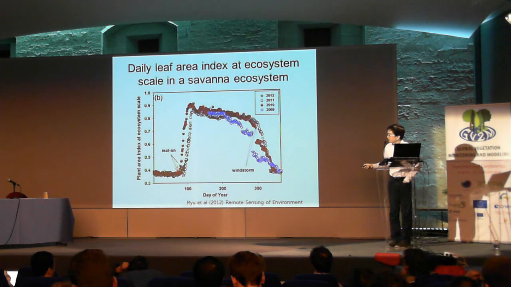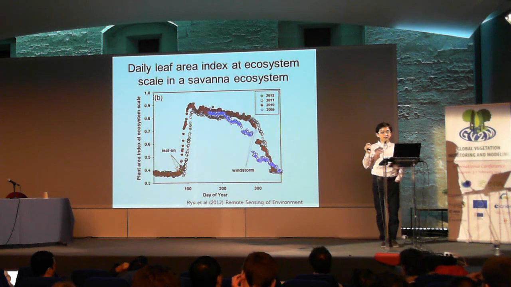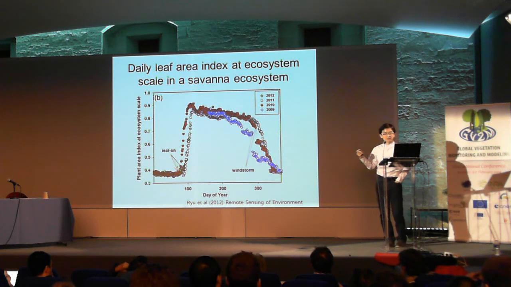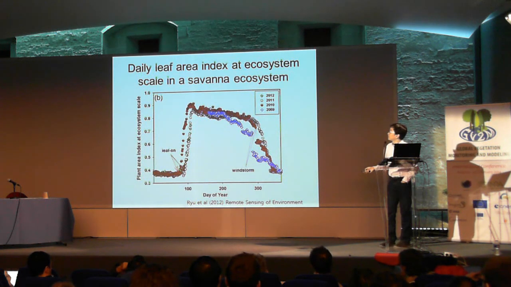So this data shows that the different leaf-out days for different years were well captured. And also there was a windstorm event and LAI quickly dropped. And this signal was well captured. This is just a single day event. So if we use the 8-day or 16-day satellite products, then such a signal might not be detected.